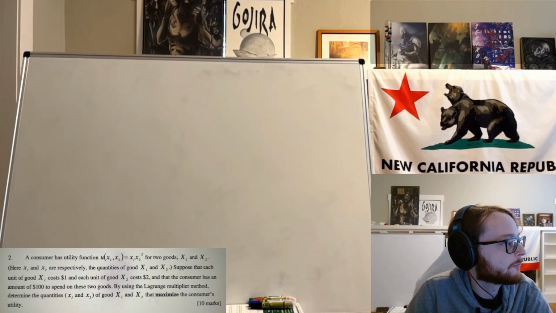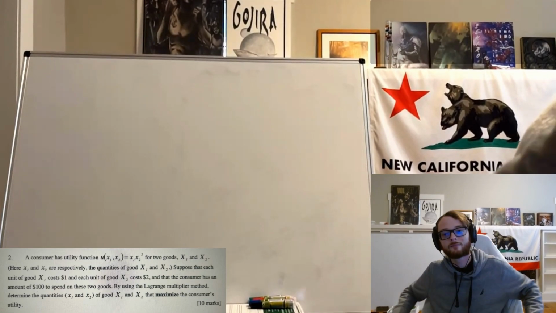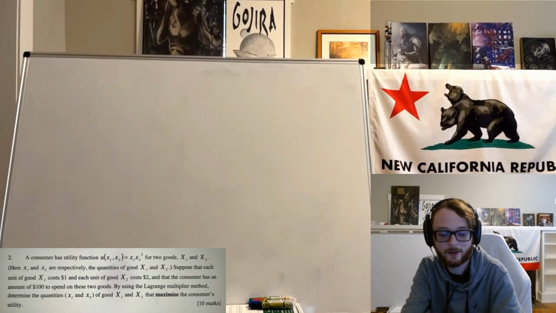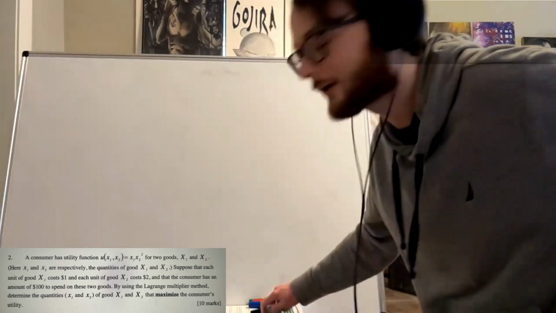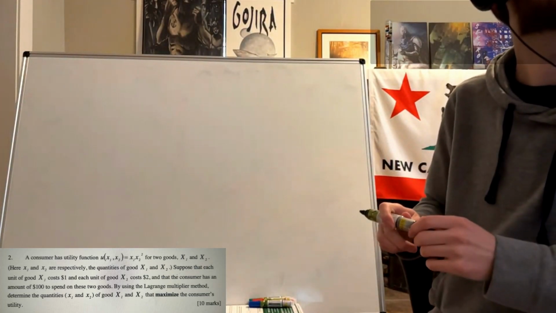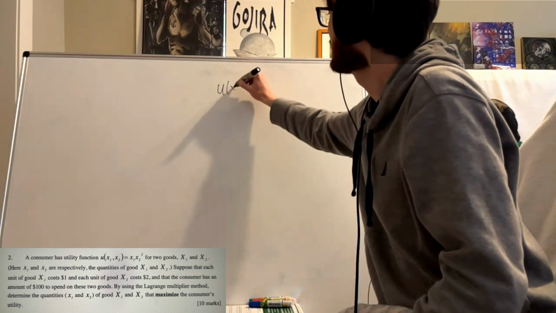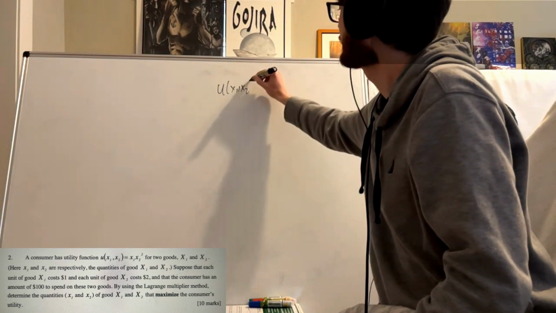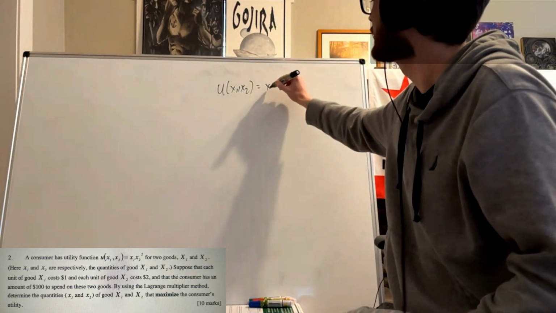I guess the site did warn me that the idea is simple, but the execution is not always. So we have u of x1, x2 equal to x1 times x2 squared.